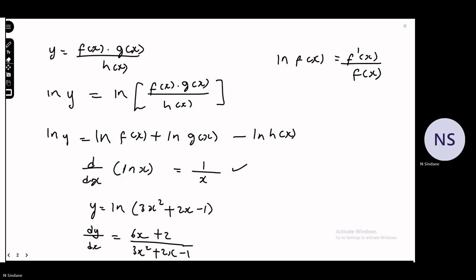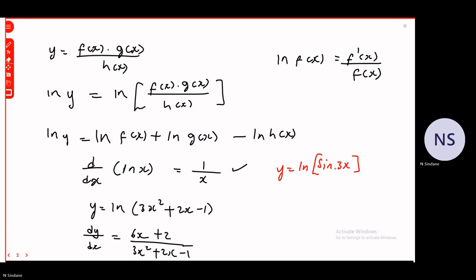Let's get one more question. Say you are given y is equal to ln of sine 3x. They want you to differentiate that.